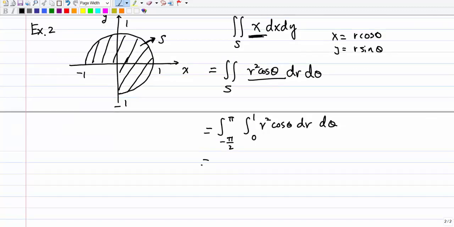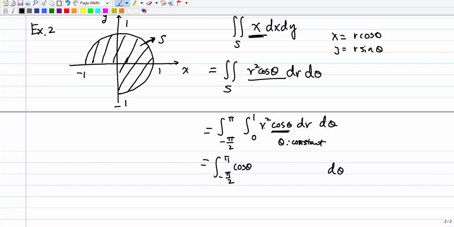Okay, so this is the same way because the region is the same as previous, so the lower bound and upper bound will be the same. Integration from negative pi over 2 to pi, and this d theta is not changed. Let's compute the inside. Now remember, for this one we consider theta to be a constant. So actually I can move the cosine theta outside.